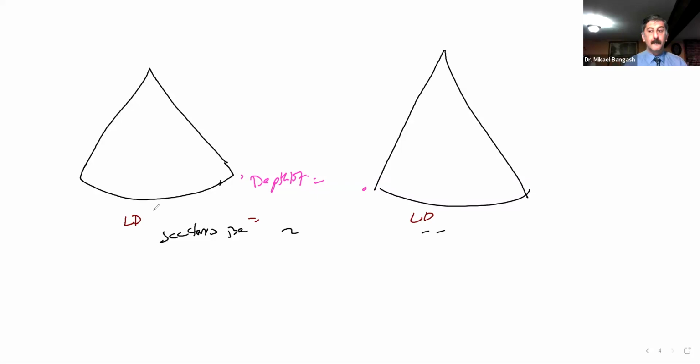Right, okay. Whereas in this case, we only had one focal point. Where here, this was a focal point, this was a focal point.